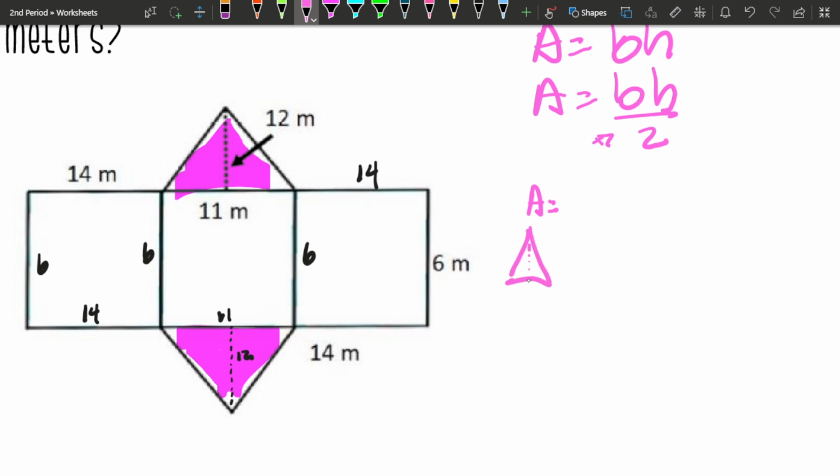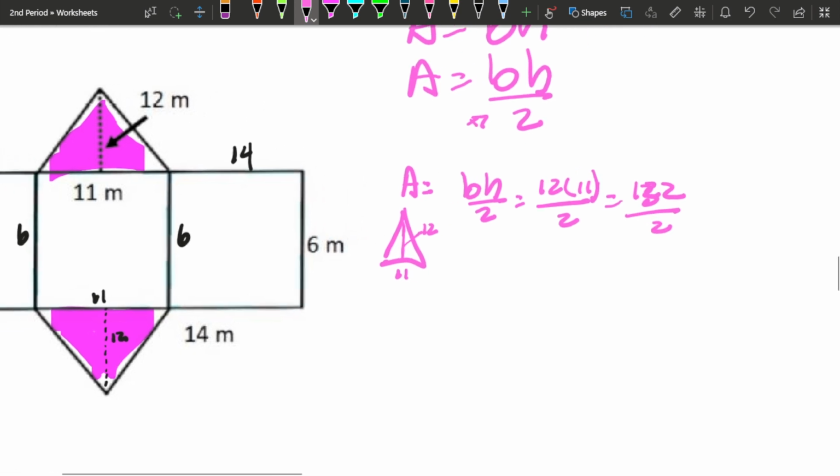Do I know my height? 12, and the base is 11. So base times height divided by 2, which is 12 by 11, which is how much? 132 divided by 2, which is 66.